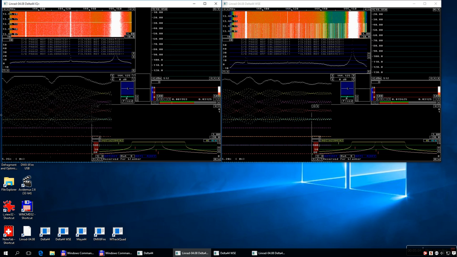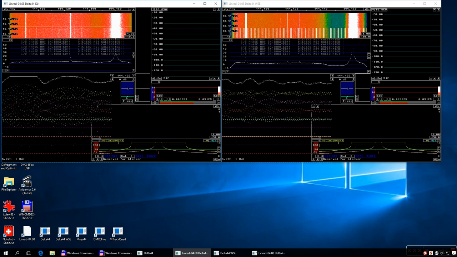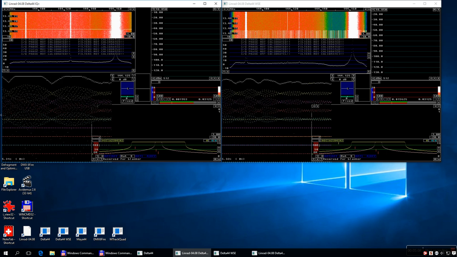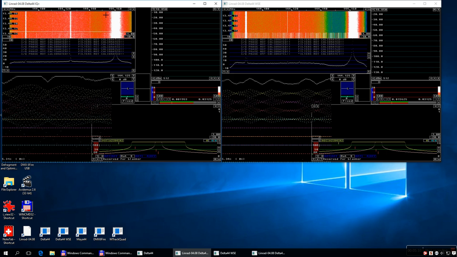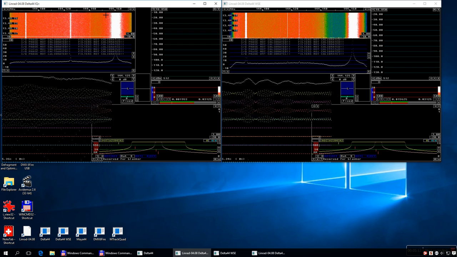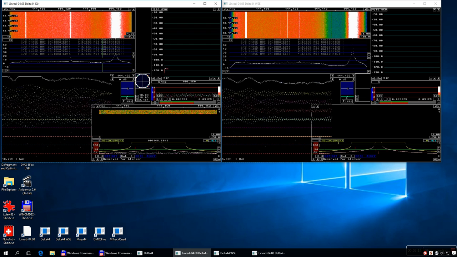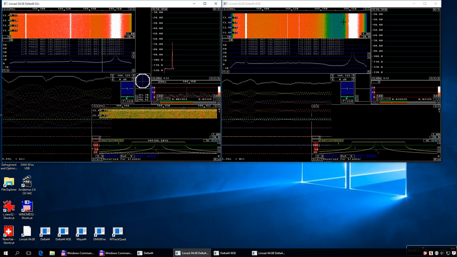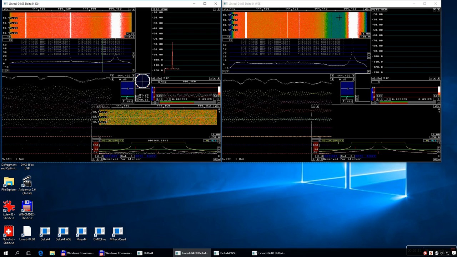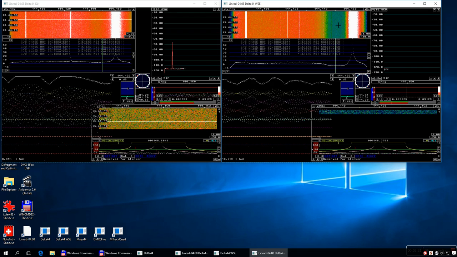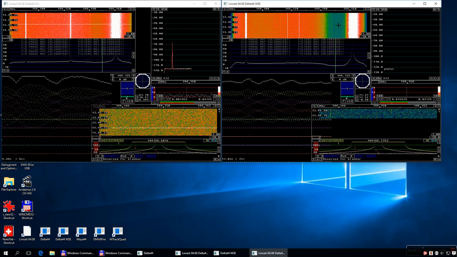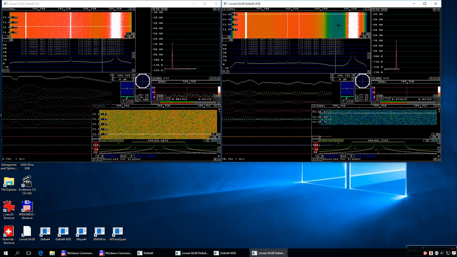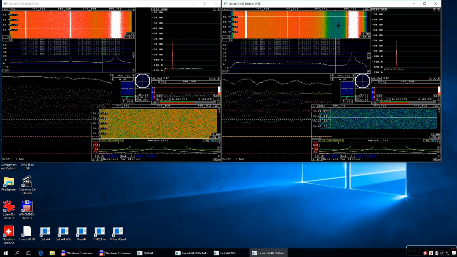But it's obvious the noise floor of the IQ Plus we have here, and the noise floor of the WSE you have here, it differs by 6 or 7 decibels.